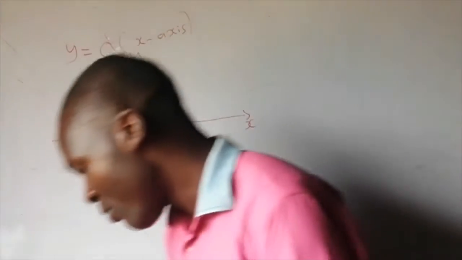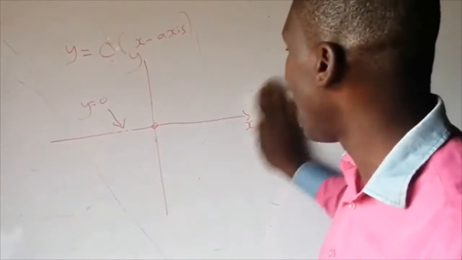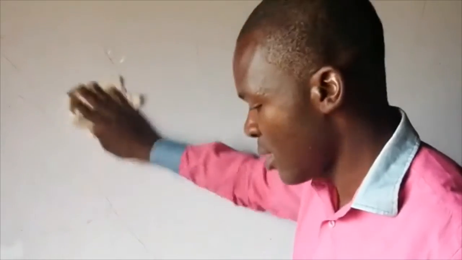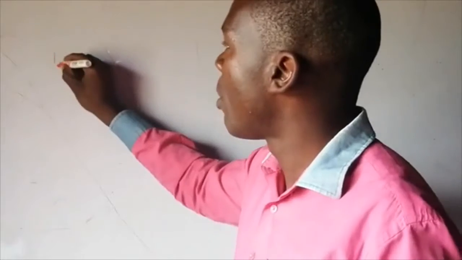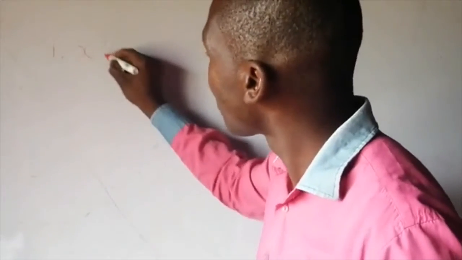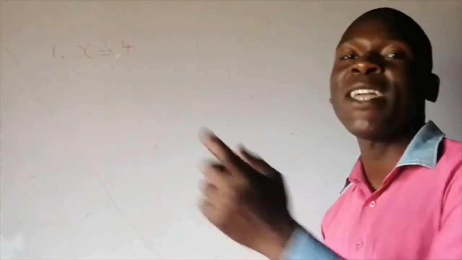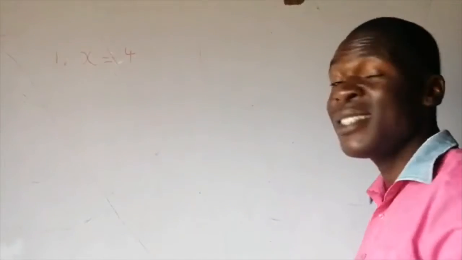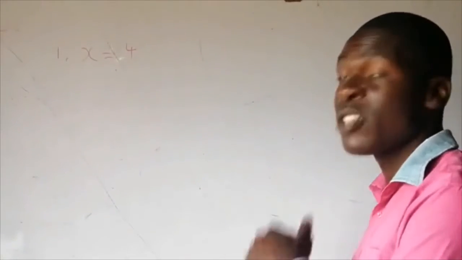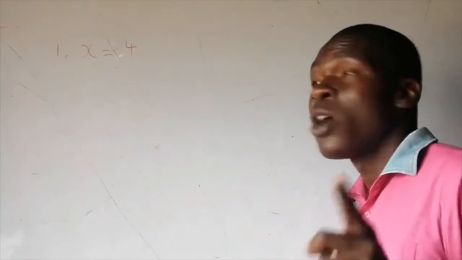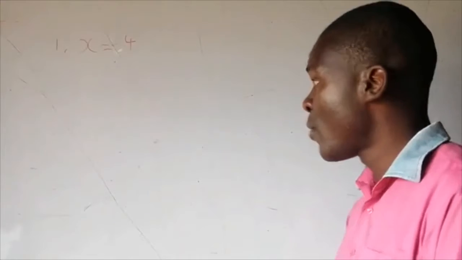We now move on to lines which involve the letter x. For instance, number 1, if we are asked to draw the line x is equal to 4, this is a vertical line which crosses the x-axis at 4, or which intersects with the x-axis at 4.